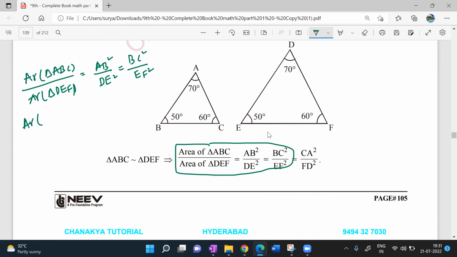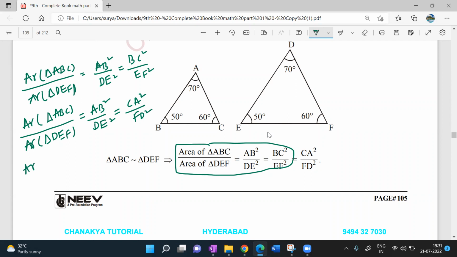Or area of triangle ABC divided by area of triangle DEF is equal to, you can say any two sides I said, right? AB square by DE square is equal to, you can say simply, CA square by FD square.